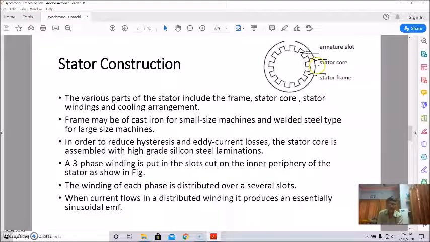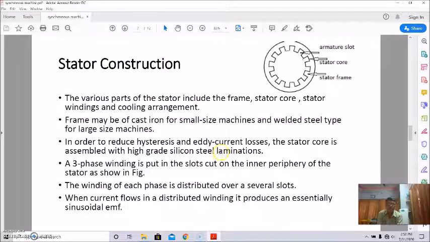This is the stator. The main parts are the stator core and stator slot. This is the stator teeth, and this is the stator frame. For small size it is of cast iron, and for large size it is welded steel type. To reduce hysteresis and eddy current losses, the stator core is assembled with high grade silicon steel laminations.